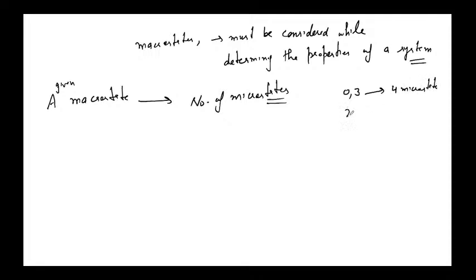For 2:2, for that particular macrostate, there are 6 microstates. So this is how we can discuss these macrostates and microstates. From that we can derive the thermodynamic probability. This we will derive in our next lecture.